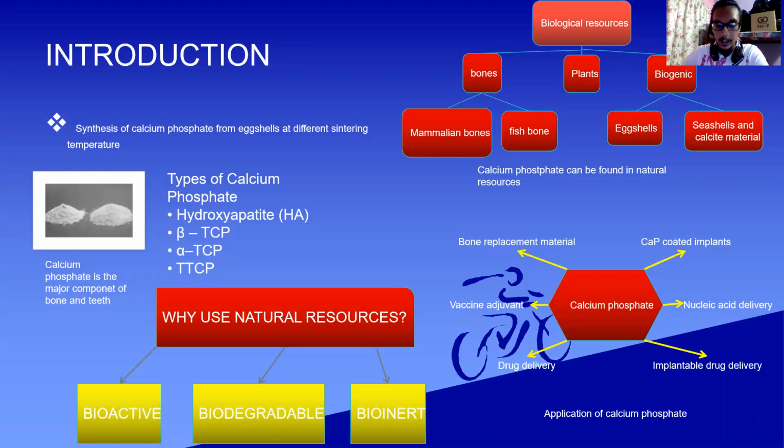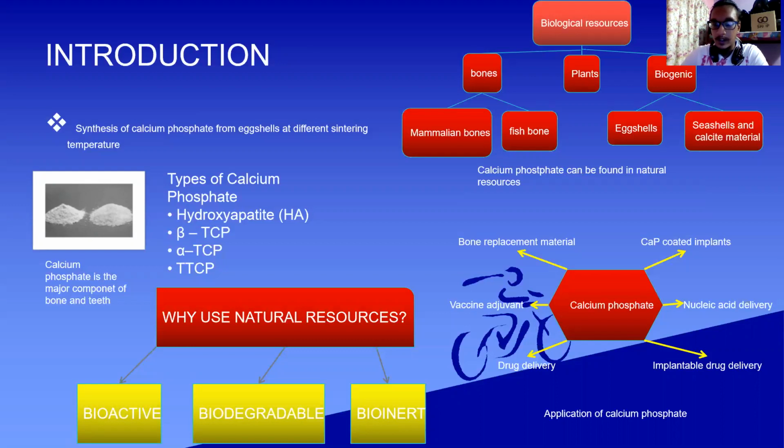And also, why do we use natural resources to extract calcium phosphate? Because the calcium phosphates will be bioactive, biodegradable, and also bioinert. So, what are the natural resources that contain calcium phosphate? Basically, we can see it in mammalian bones, fish bone, plants, and also biogenic sources, which are eggshells, seashells, and calcite material.